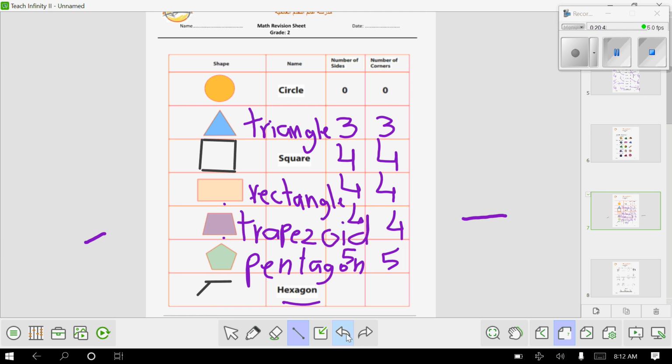Okay, here is. Yes, it's a little bit long. Okay, this is the hexagon. So how many sides? Perfect, 6. How many corners? Excellent, 6.